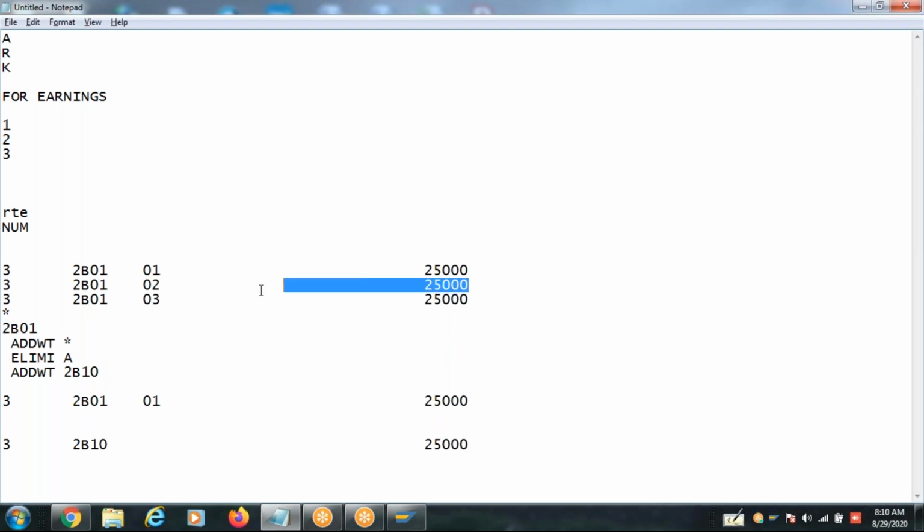When the next entry is moved, you eliminate the next entry's split indicator, 02 is deleted, and add this to 2B10. While 2B10 is moved to the output table, it will see if an entry already exists in the output table with the same split indicators. We have the same split indicators, so the amounts are added.